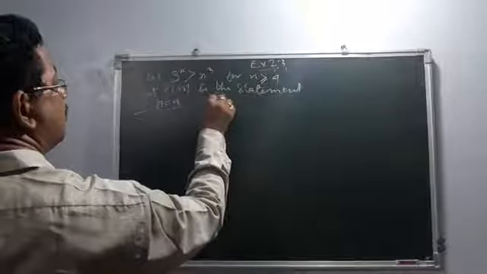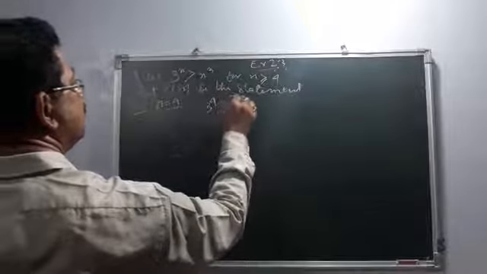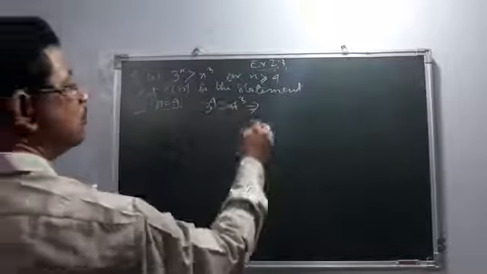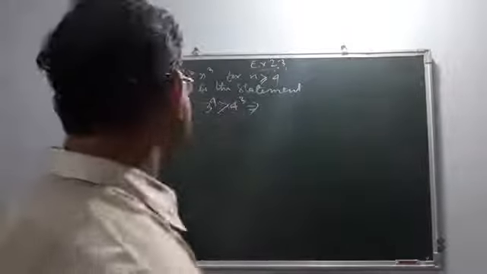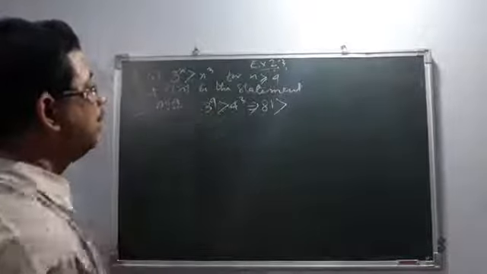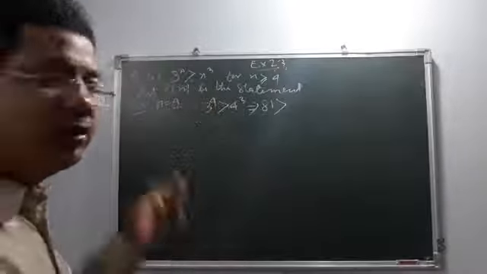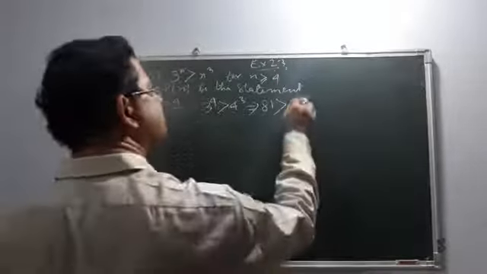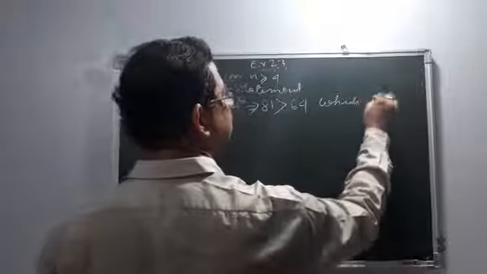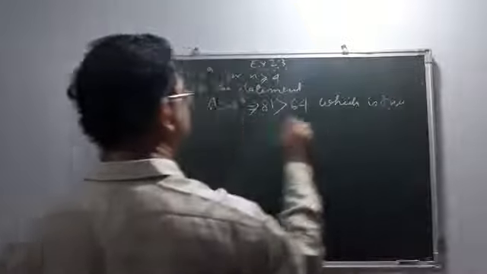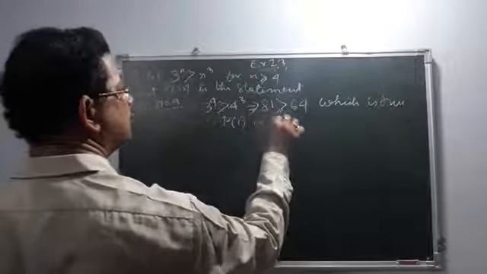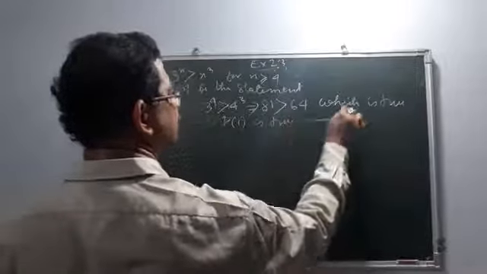Then 3 to the power 4 versus 4 cube: 3 to the power 4 means 3 is multiplied 4 times, so it is 81. And 4 cube is 4 into 4 into 4, 4 multiplied 3 times, which is 64. Which is true, definitely. Therefore, P(4) is true. That is our condition satisfied.